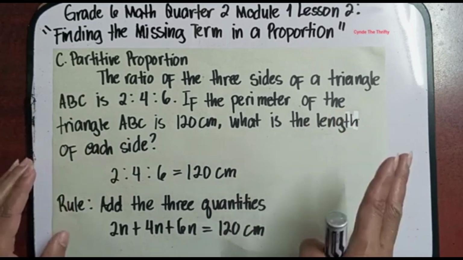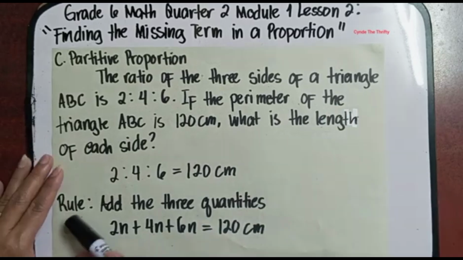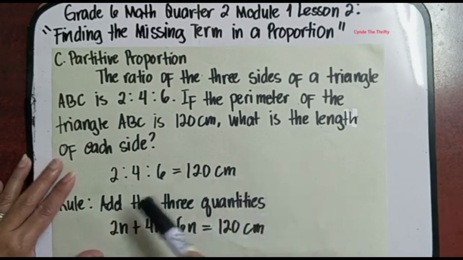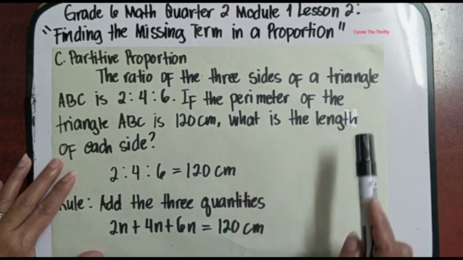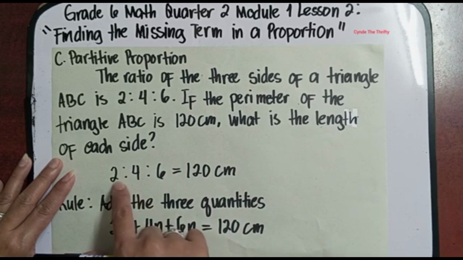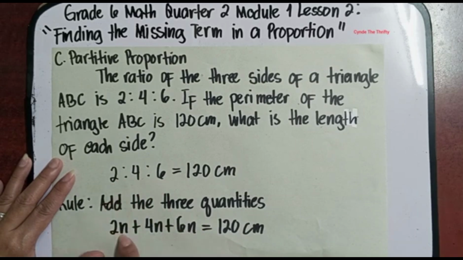Okay, so yun ang pag-uusapan natin ngayon. Ang rule natin, add the three quantities. So, dahil missing term ang sides nila, kung ano yung length ng sides nila, lalagyan natin sila ng n. Okay, so 2:4:6, naging 2n kasi i-add natin siya. 2n plus 4n plus 6n is equal to 120 cm.